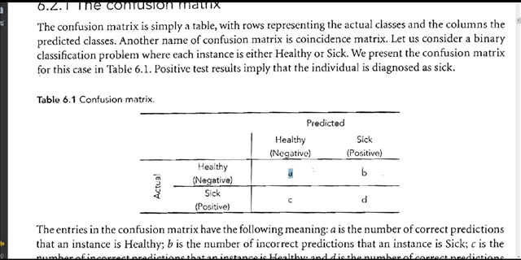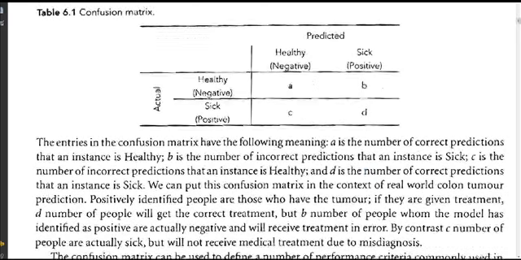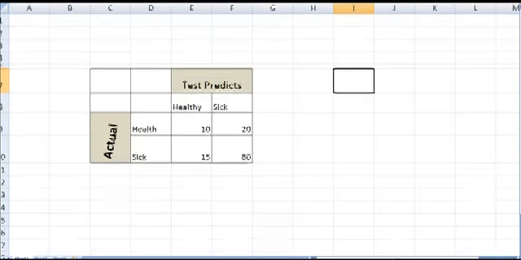And suppose this is 20. What would that mean? That 20 would mean that among the people that were actually healthy, the test predicted incorrectly that 20 of them were sick. So that's what this number means. It might look like this.